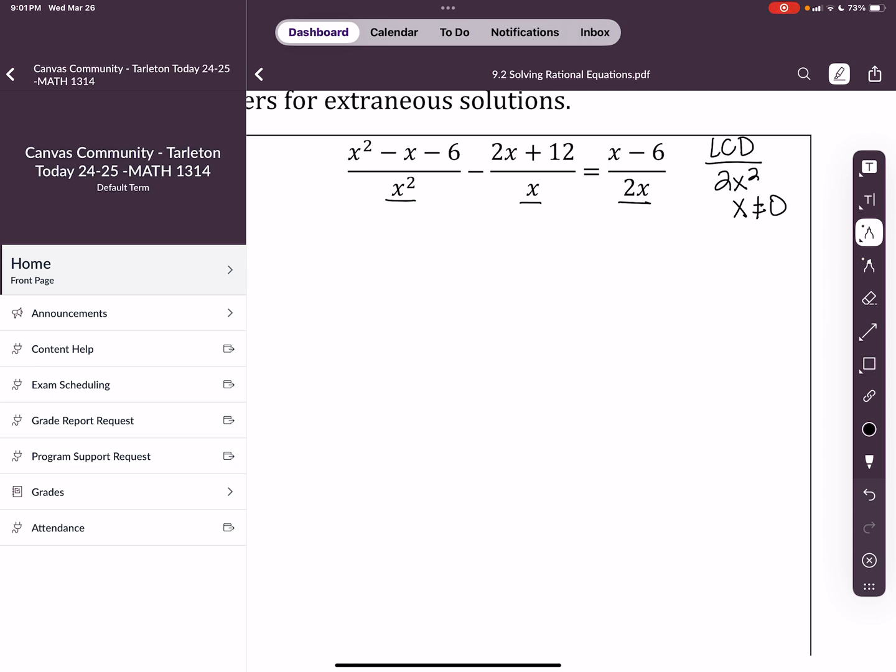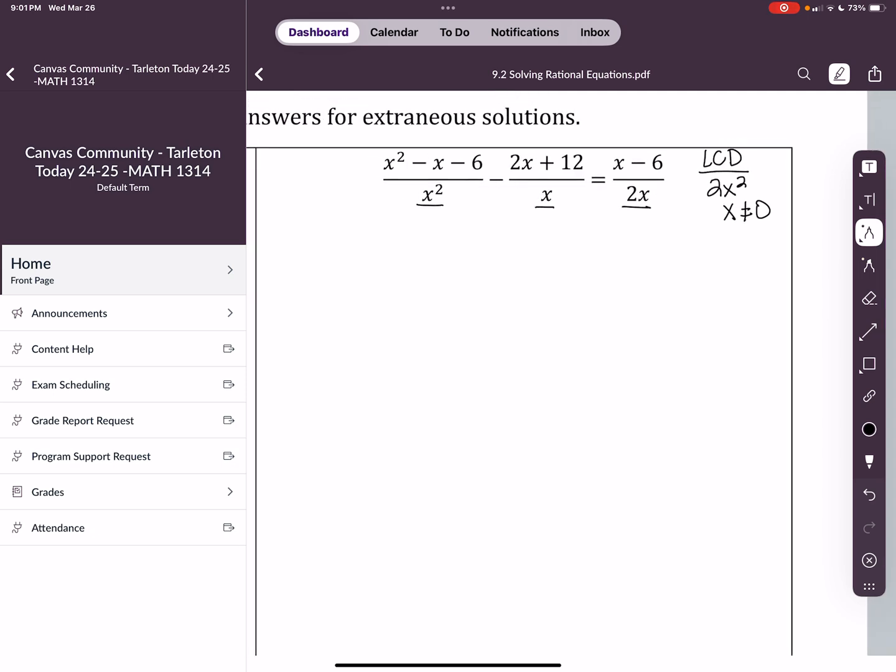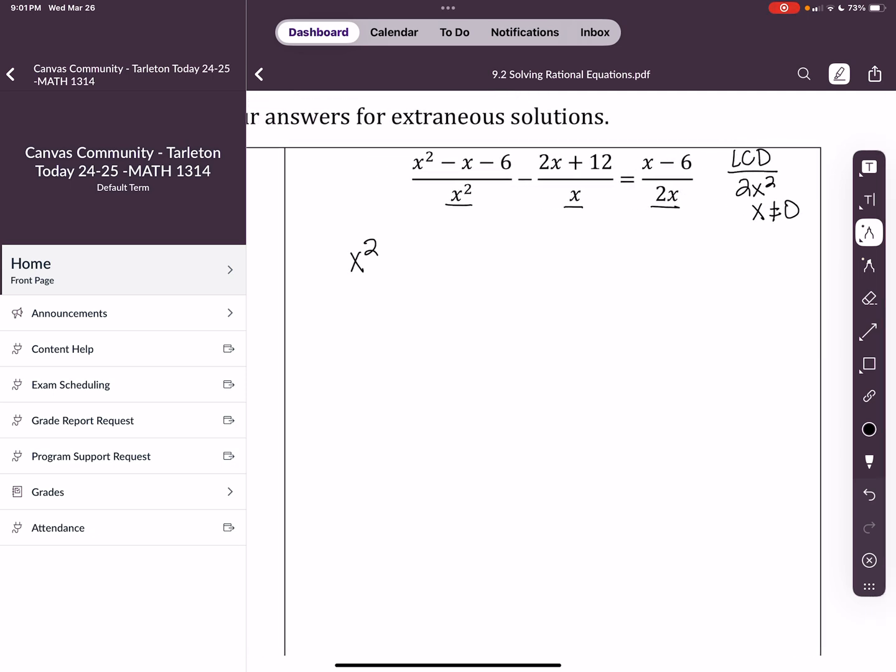So I have x squared minus x minus 6 all over x squared. In order to get my LCD on this one, I'm going to need to multiply by a 2 on the top and the bottom.